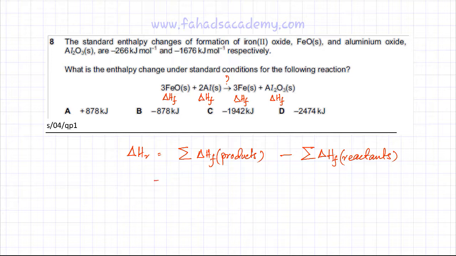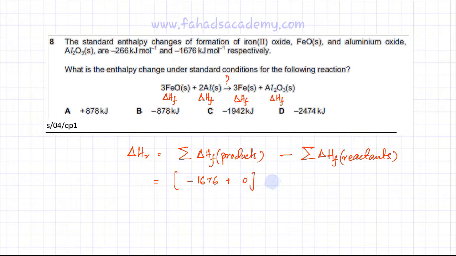So my products are, and I want the enthalpy of formation of my product, which is Al2O3. For Al2O3, the enthalpy of formation is given as minus 1676 kilojoules per mole, and there's only one Al2O3, so minus 1676. And for Fe, the enthalpy of formation is 0. Elements have enthalpy of formation equal to 0.